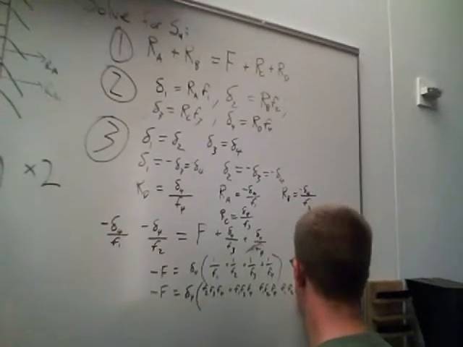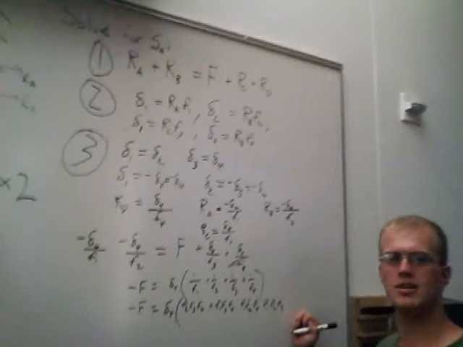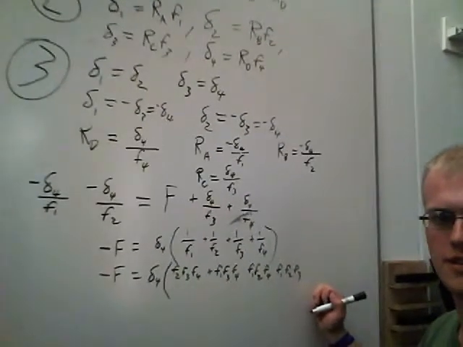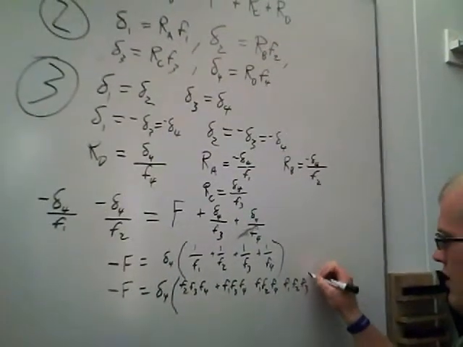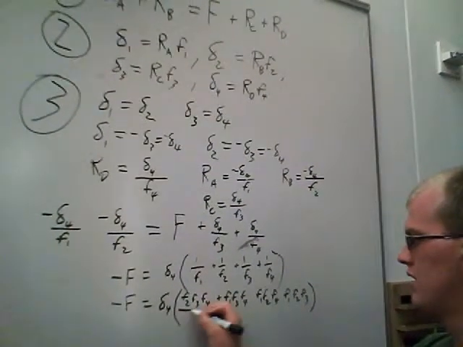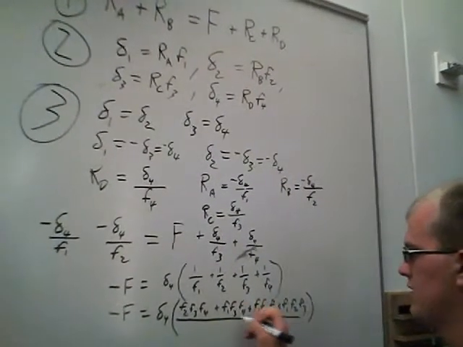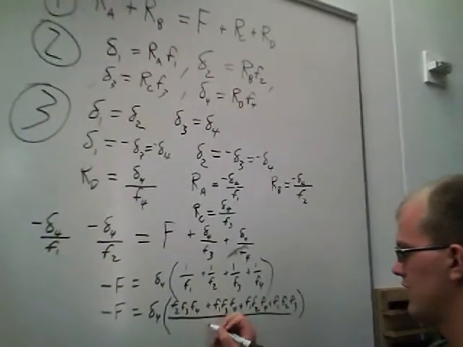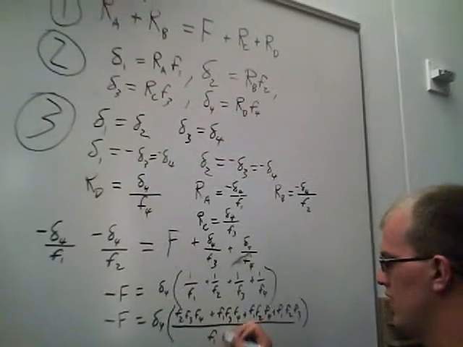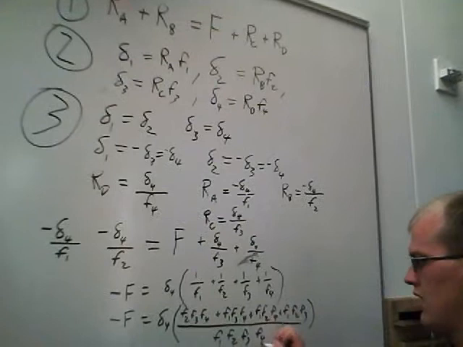Rob, can the camera see what you're writing? I think so. Move it closer a little bit so they can see. Okay, so all of those plus signs, and that's all over F1 F2 F3 F4, right?